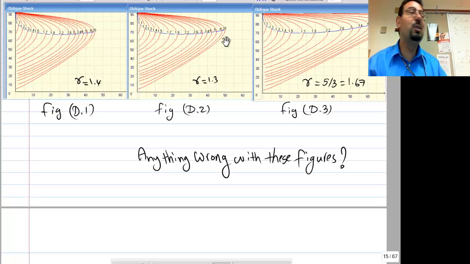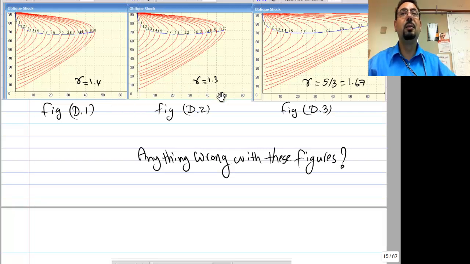Why do you expect to see the nose? You should see the nose because it doesn't make sense for there not to be an oblique shock wave. Yeah, it doesn't make sense, right?